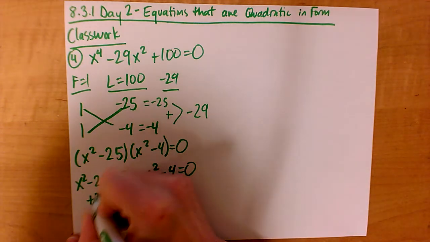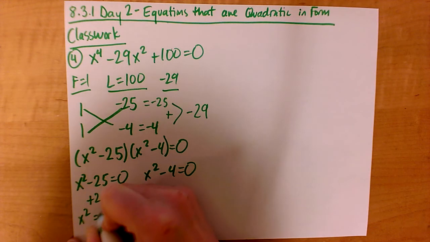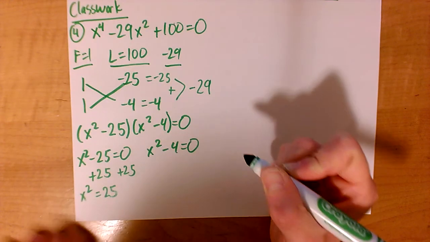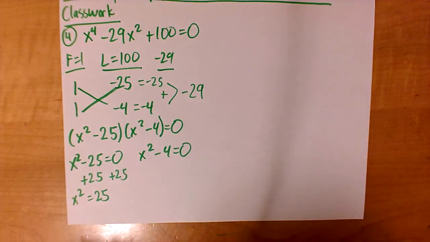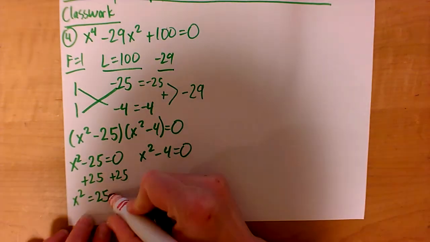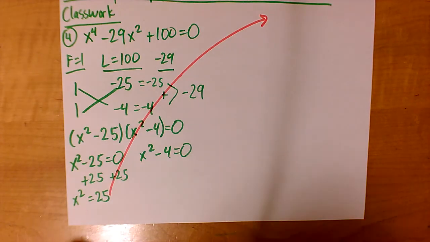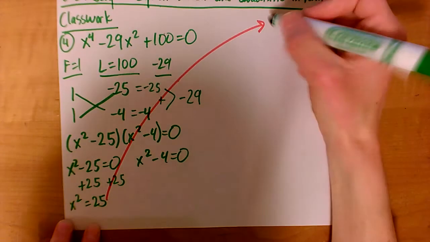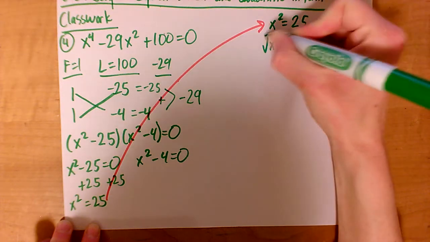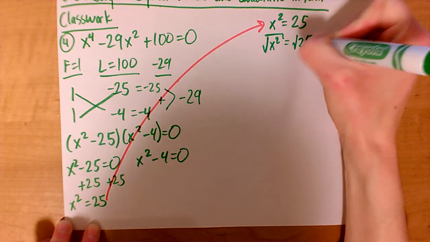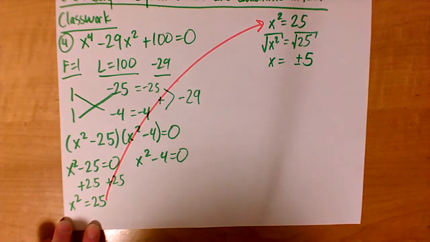And solve both of these. So I'll add 25, so x squared is 25, and then I can, let's see, I'm running out of room, so I'll kick this over here. And so if I have x squared is 25, I can take the square root of both sides, and then x is plus or minus 5.